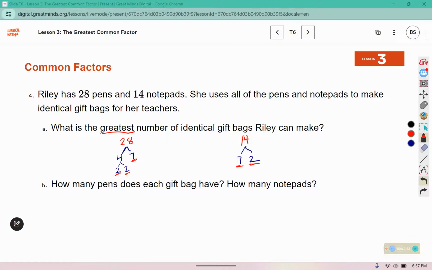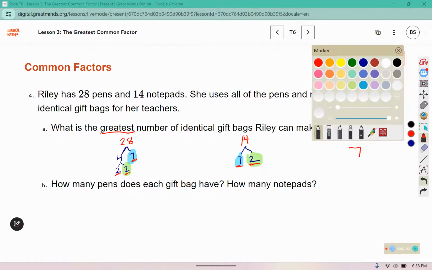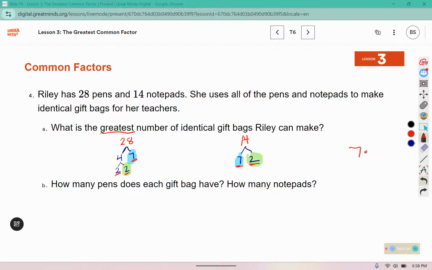And they both have a 7 and they both have a 2. Seven times 2 is 14. So the number of identical gift bags Riley can make is 14.